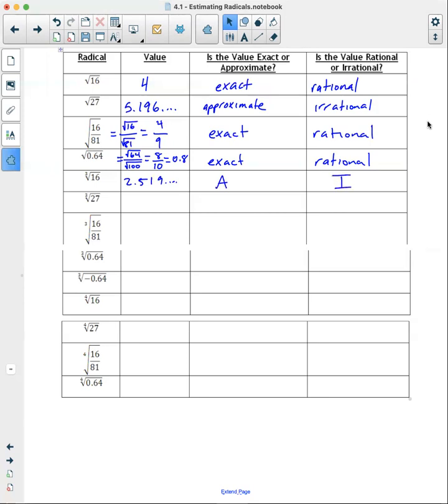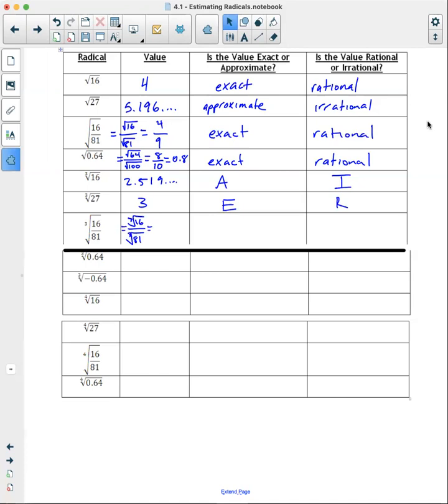Okay, the cube root of 27 is 3. That is an exact value. So that is going to be rational. Okay, I'm just gonna pop a line in right there. So the cube root of 16 divided by 81. Okay, so again, we should rewrite this as the cube root of 16 divided by the cube root of 81.